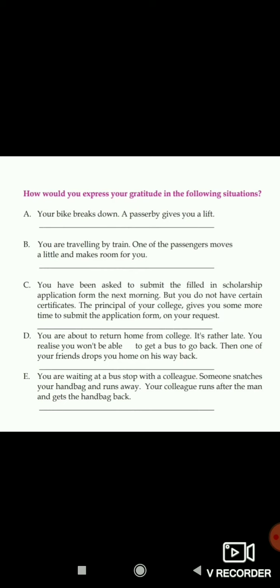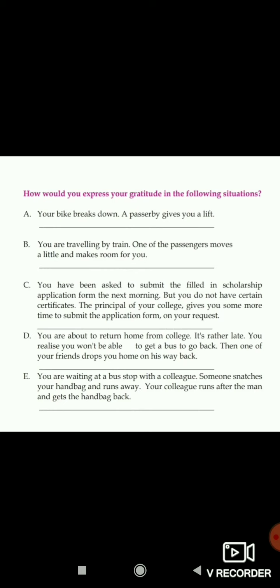I hope you have understood these two language functions which I have dealt with in this video. One is making requests, another one is expressing gratitude. Please practice and complete the workbook. In the previous video, the first video on language functions, I covered how to start a conversation with a stranger, and I want you to do the exercises of that language function, starting a conversation with a stranger, as well as making requests, and the last one, expressing gratitude.